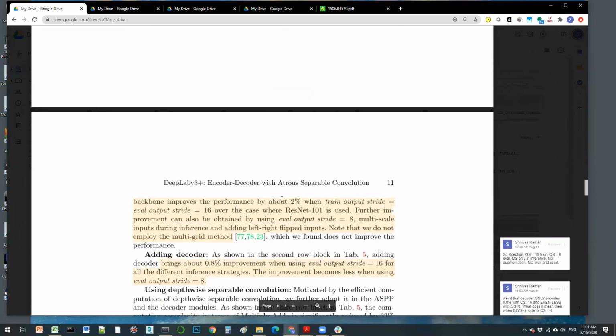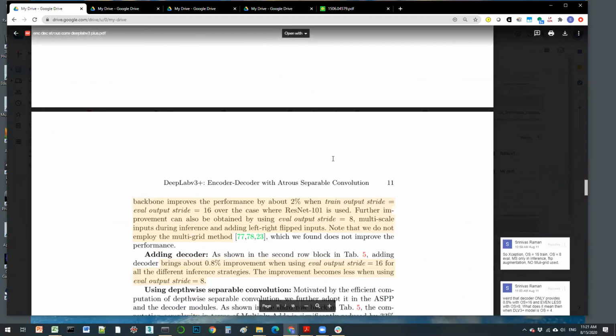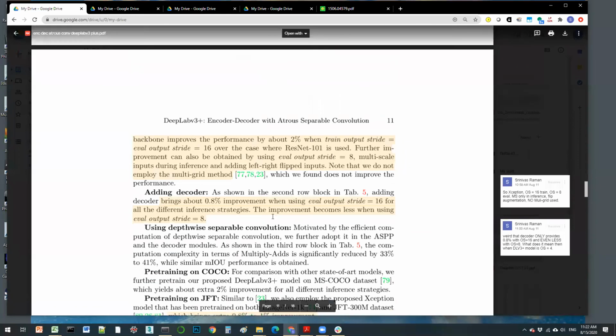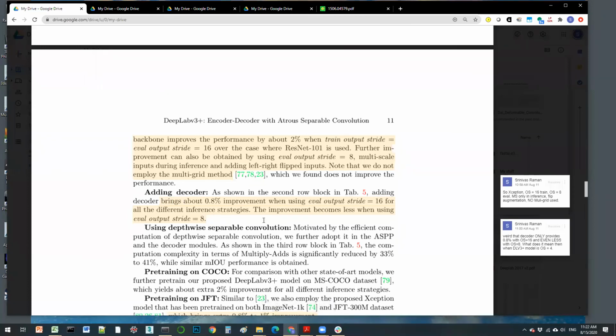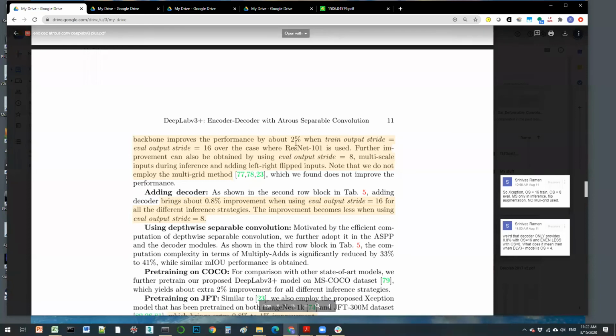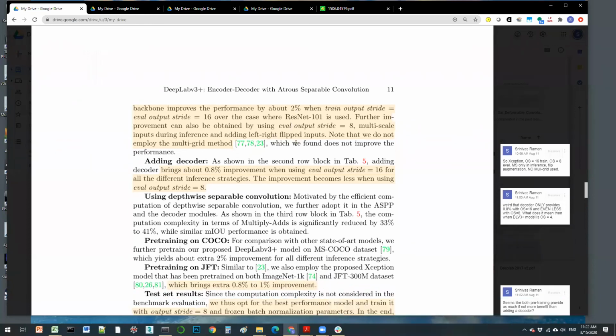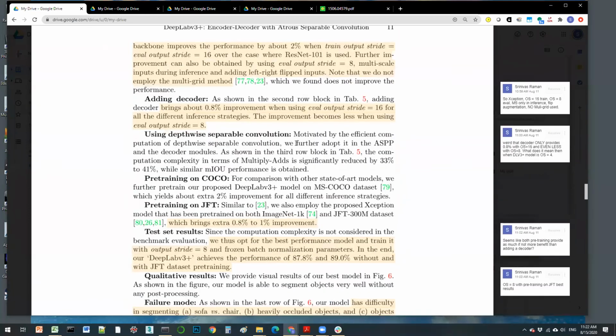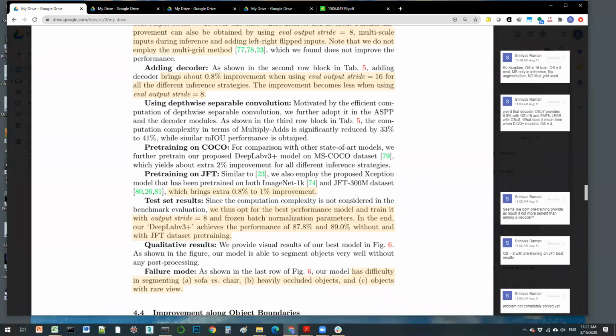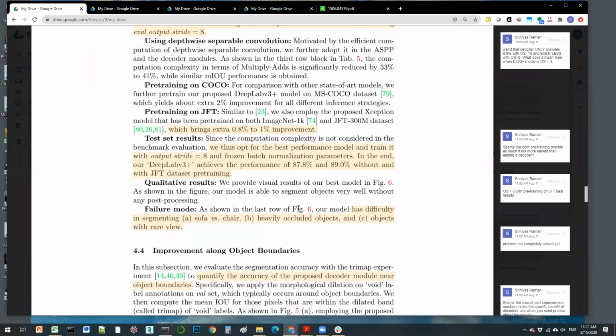So you can look at it that those results are all provided in where I've said. Adding decoder brings about 0.8% improvement, less than 1% improvement for all the different inference strategies. So you go, really? I mean, you've done all this to gain 1% and publish that as a paper, but the interesting thing is, eventually when they combine other things, then it becomes more important.